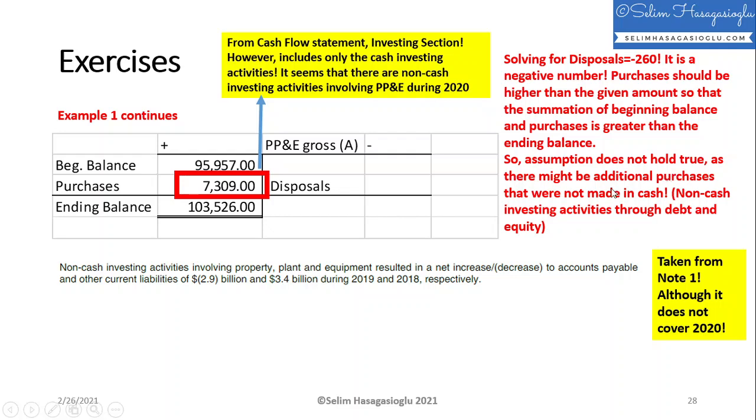And why this assumption doesn't hold true? Because there's a very high likelihood that there might have been some additional purchases that were not made in cash. I got this number directly from the cash flow statement investing section, but the accounting equation does not hold up.